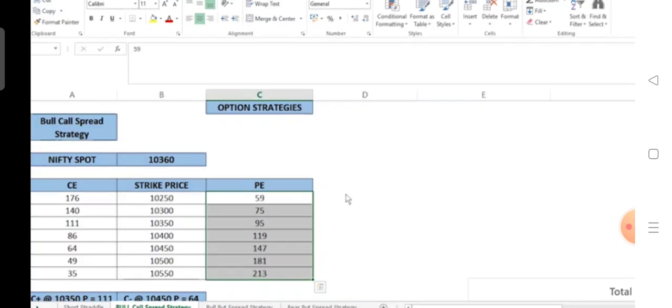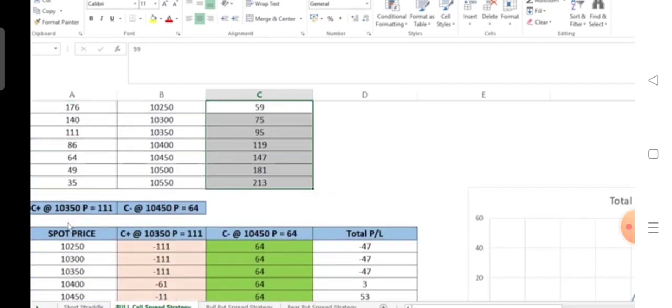So a bullish call spread strategy will involve buying at a lower strike price. So we decide to buy a C plus at strike price 350, paying a premium of 111. As we can see here, the strike price is 350, the call premium is 111.